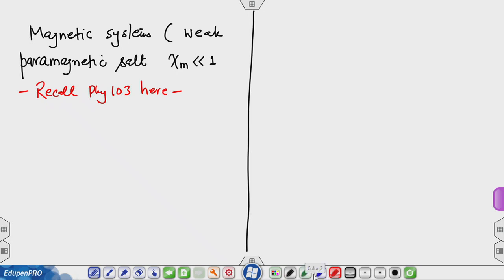So we can say that chi m plus 1 is almost equal to 1.